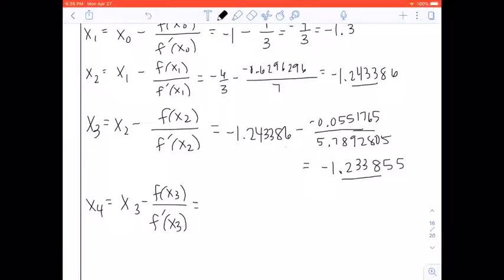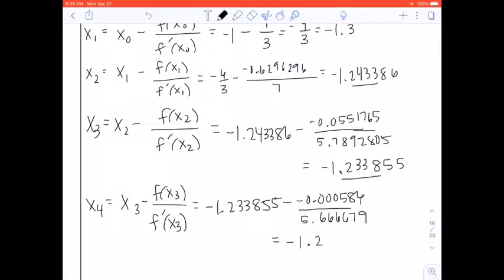We get -1.2338855 minus, substituting this into your function, we get -0.000584. And into our derivative, we get 5.666679, which works out to be -1.233752.